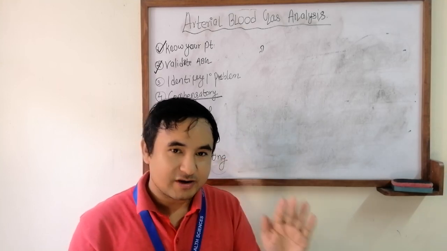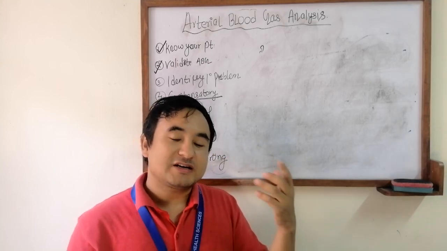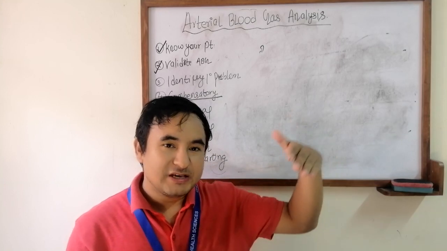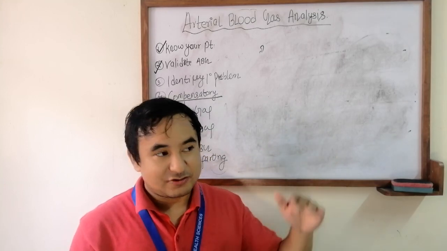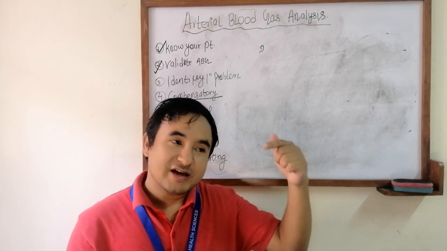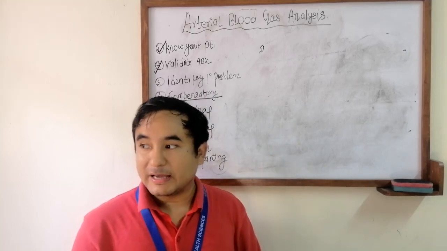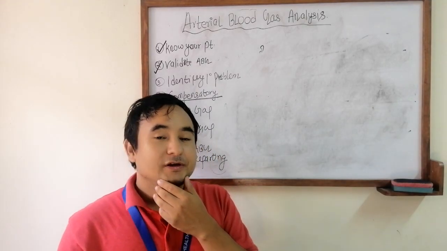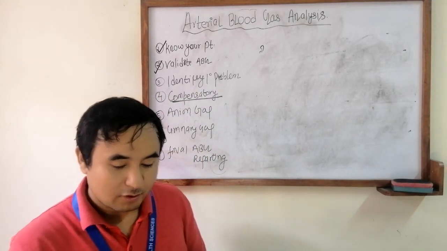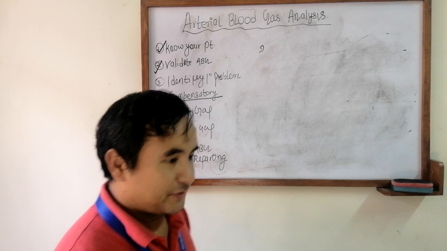This is for respiratory acidosis. For respiratory alkalosis, there is a drop in PaCO2 level. With a 10 drop in PaCO2, bicarbonate will drop by 2 in acute conditions, and in chronic conditions bicarbonate will drop by 4. This is the normal compensation.